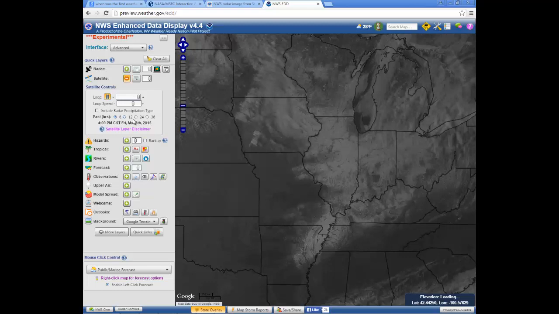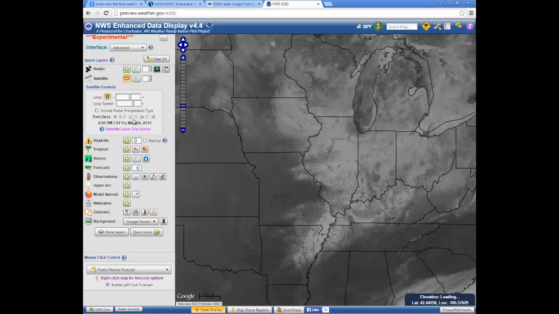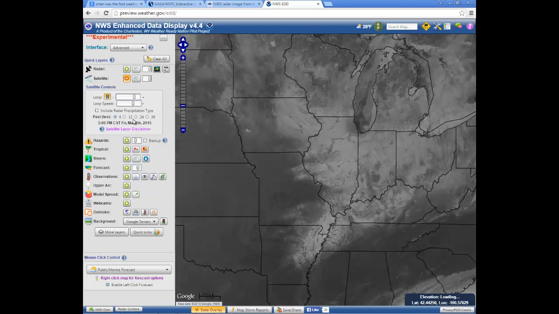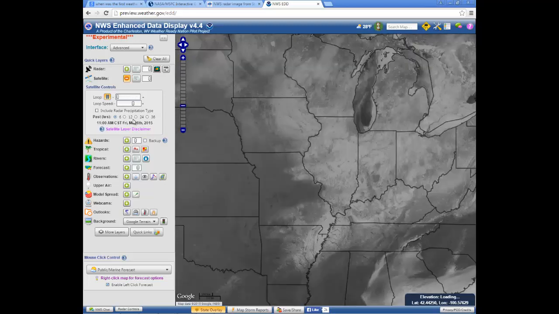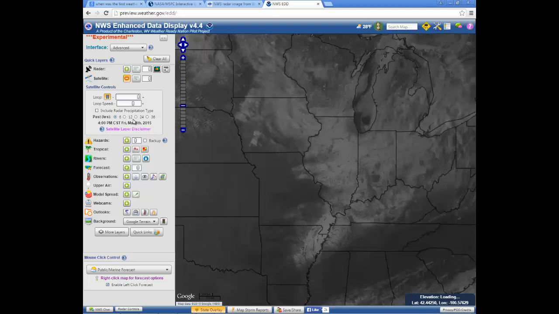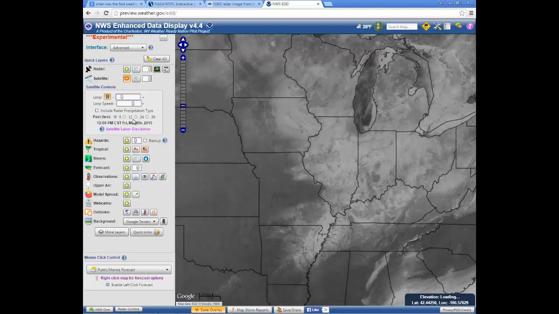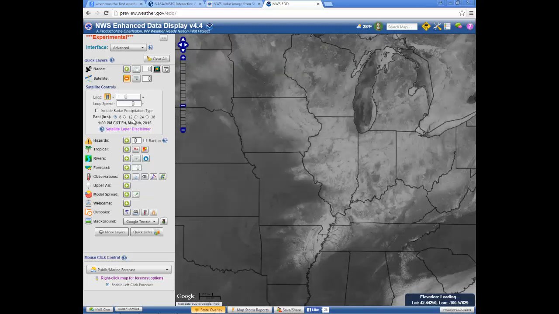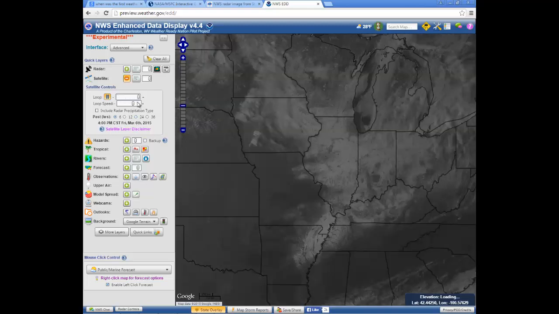However, if you want something that has a higher temporal resolution, meaning every 15 minutes or every 5 minutes, depending on if the satellite is in regular scan or rapid scan, you want to go to that GHCC site, and you'll get the same data that we're seeing here in the office from GHCC.